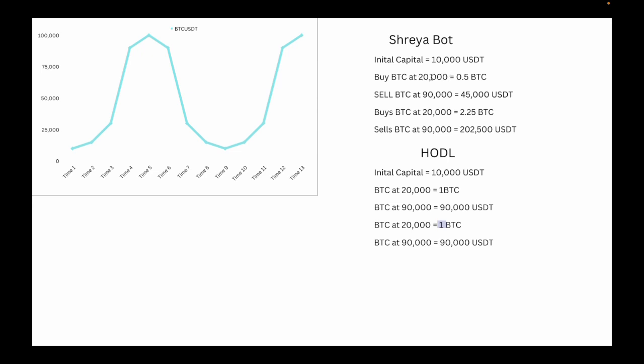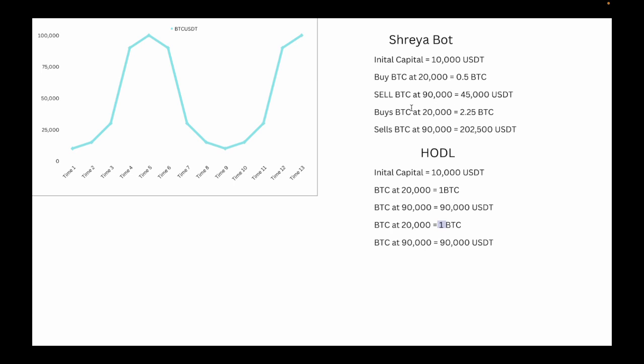You can see here that the Shreya bot bought BTC at $20,000, and it bought 0.5 BTC, against the one BTC that we had here. At $90,000, around times 6, the Shreya bot sold all the BTC into USDT. The price of BTC then was at 90,000 USDT, so in turn it got about 45,000 USDT.